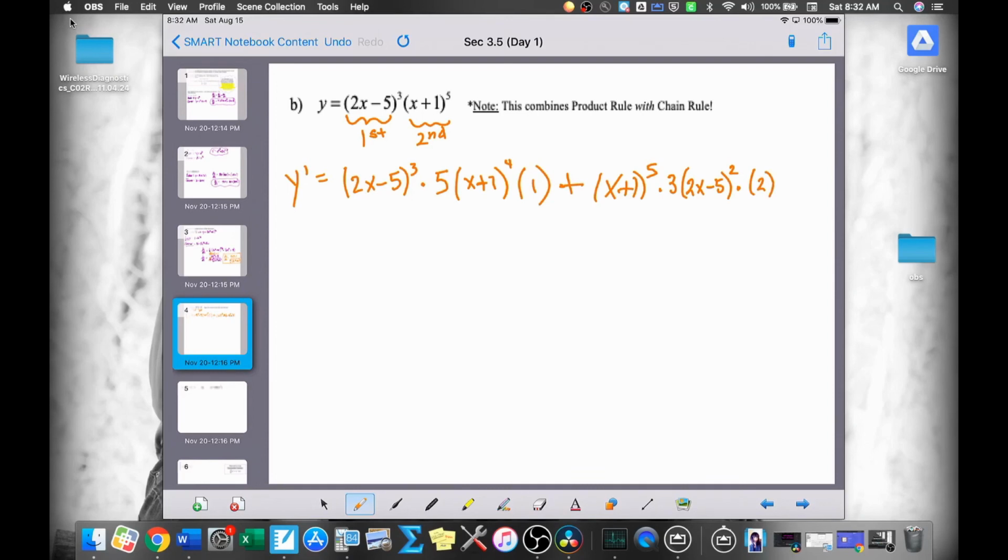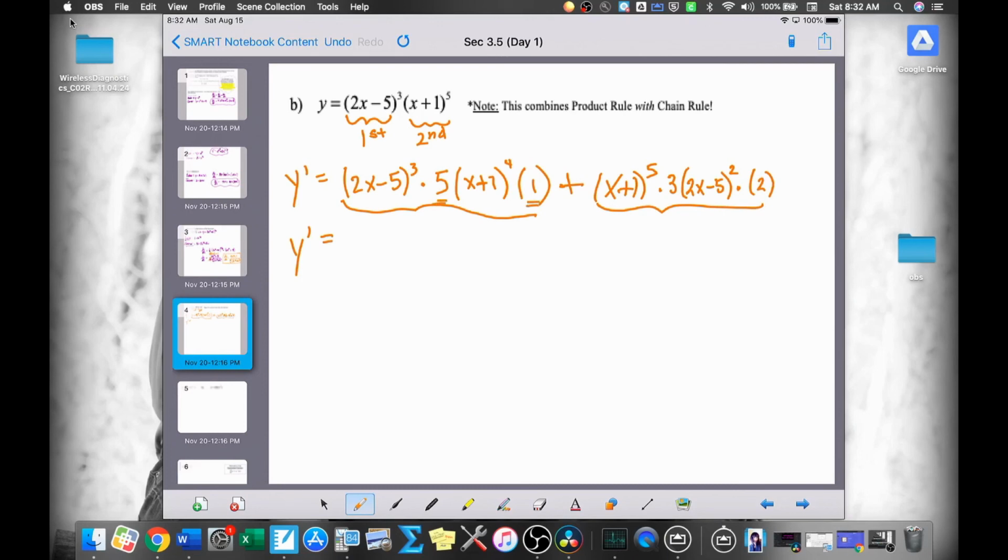We're not going to go crazy here, but any coefficients should be multiplied together and then moved out in front of a term. And then if you wanted to take out a GCF, you could. So I will show you what I mean. Y prime is going to be equal to, now remember, all of this is your first term and all of that is your second term. So the coefficients that I'm talking about would be the 5 right here and the 1 right here.